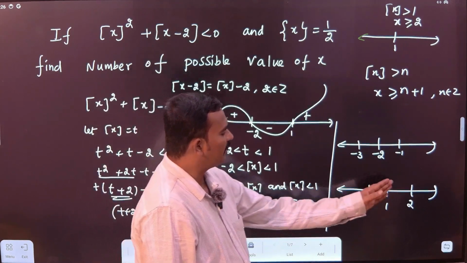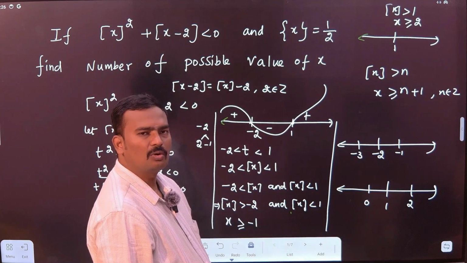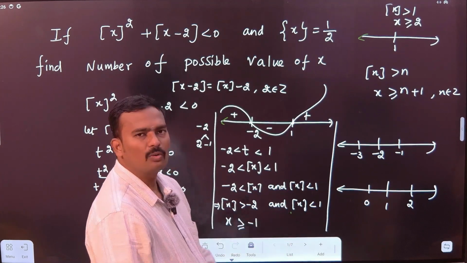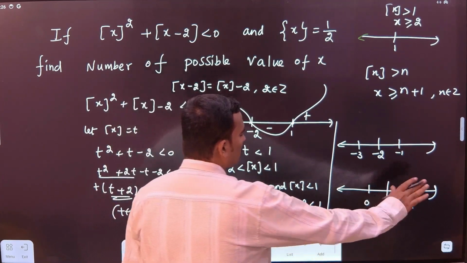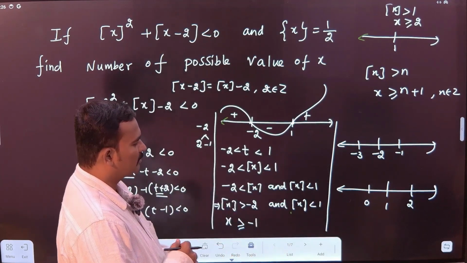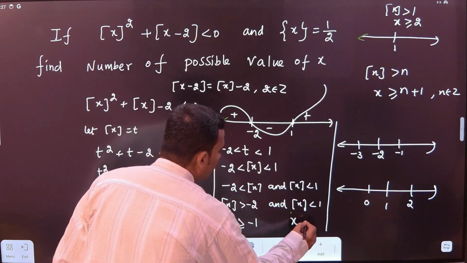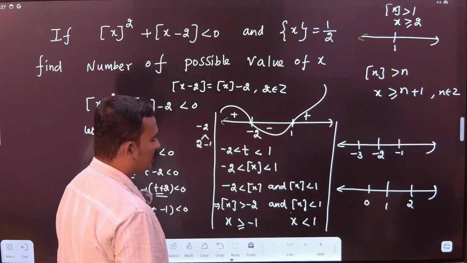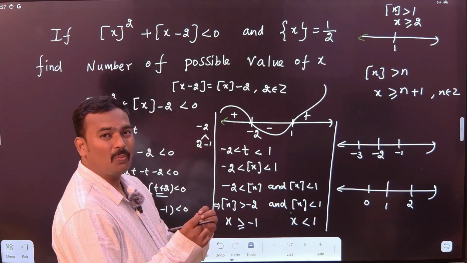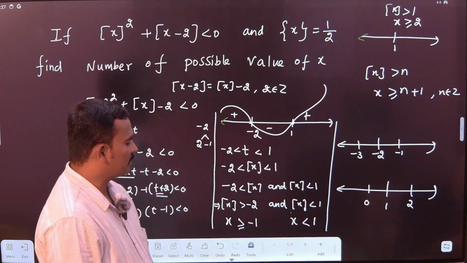But if you take more than 1, let's take 1.5. So, 1 is less than 1? No. Let us take 2. 2 less than 1? No. So, you cannot take more than 1, right? It should be strictly less than 1. Correct? 1 is also not satisfied. Therefore, x should be strictly less than 1. So, that means 0.999 also you can take. Greatest integer will be 0, 0 is less than 1, right?